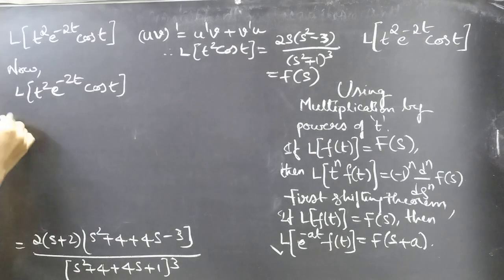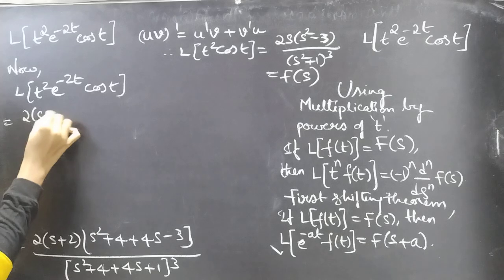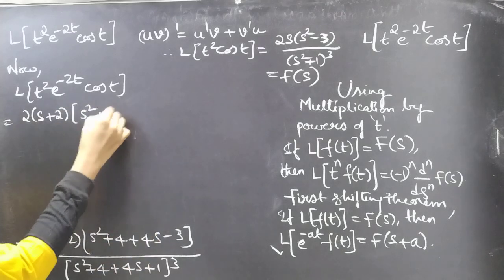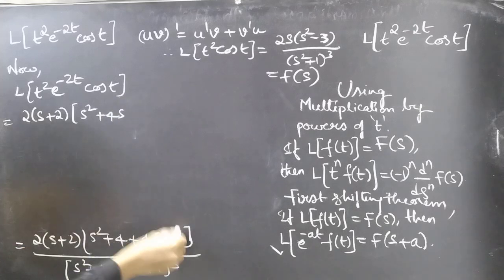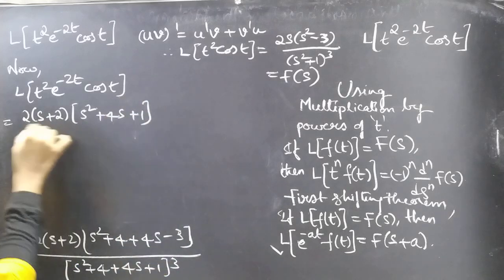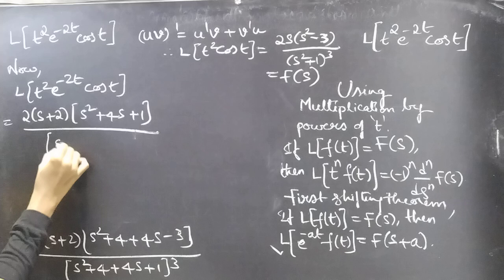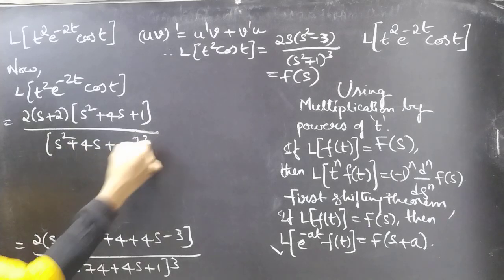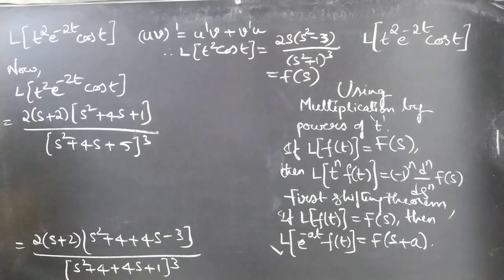This gives us 2 times s plus 2 into s square plus 4s plus 4 minus 3 is plus 1, by s square plus 4s, 4 plus 1 is 5, whole cube, right?